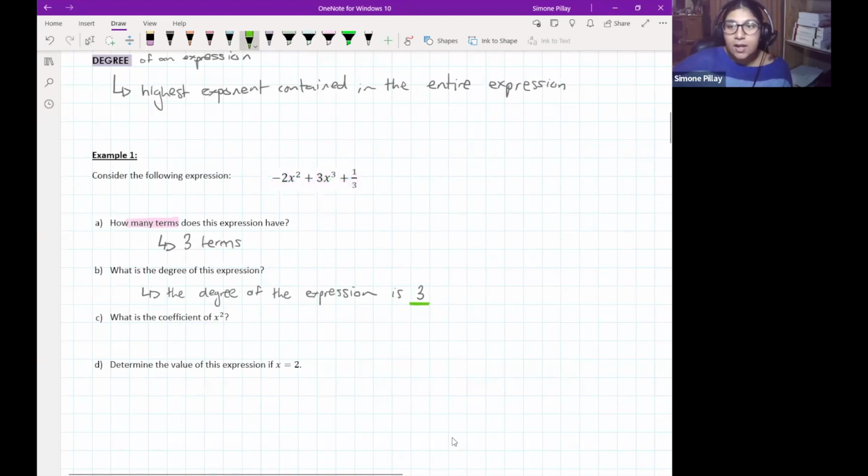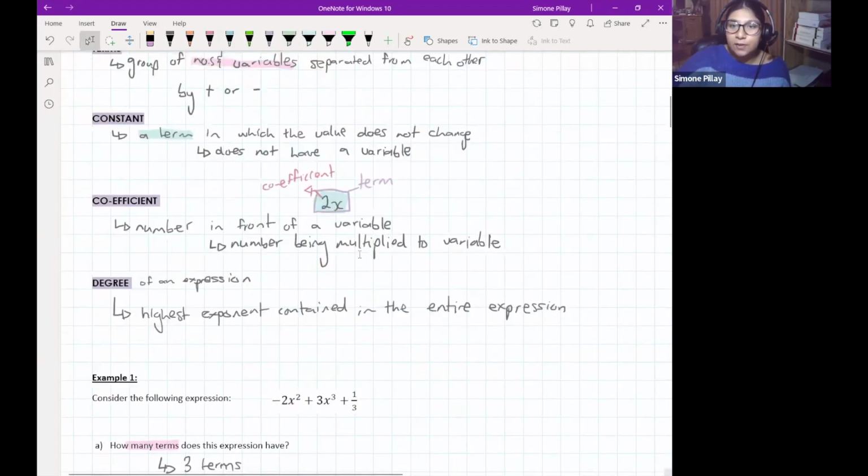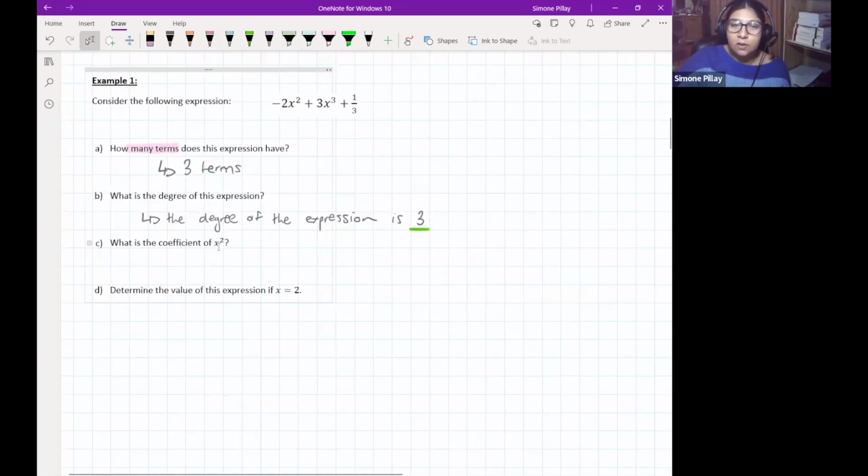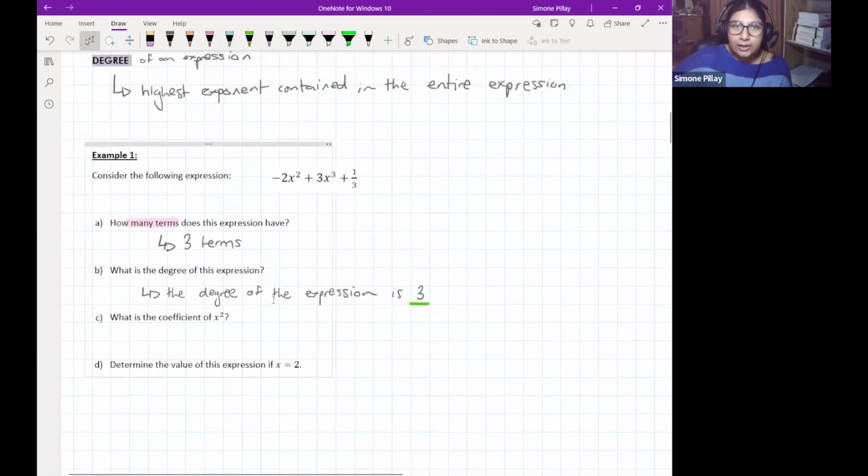Also, the coefficient of x squared, remember what is the coefficient? It's the number in front of a variable. And here they're asking us, what's the coefficient of the variable x squared? So it's firstly very important that you pay attention to the exponent. Because if you were to look at this x cubed and then tell me the coefficient is 3, it would be wrong for this question specifically.